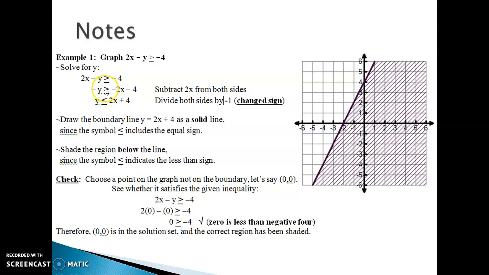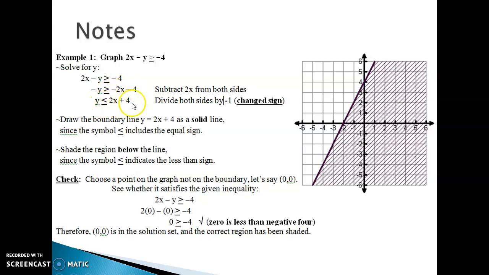So you can see right here it was a greater than or equal to symbol. It flipped and became a less than or equal to symbol because I divided by negative 1 to get y by itself. So I get the inequality y is less than or equal to 2x plus 4.